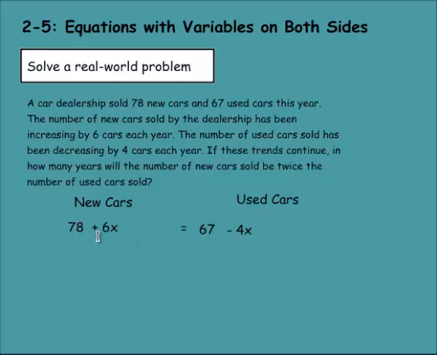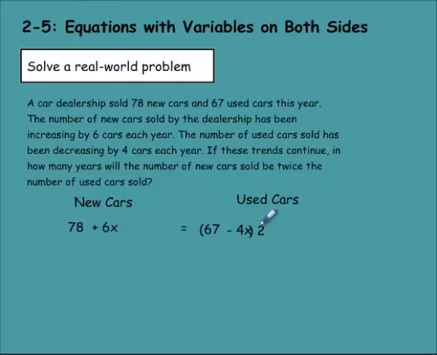So are we done yet? We're not quite done. Remember, this is just equaling each other. I want this to be double what that is. So I want to multiply this times 2 and have it still be equal to the new cars. So I'm actually going to put times 2 on this side. So I'm putting parentheses and multiplying this times 2 with distributive property.